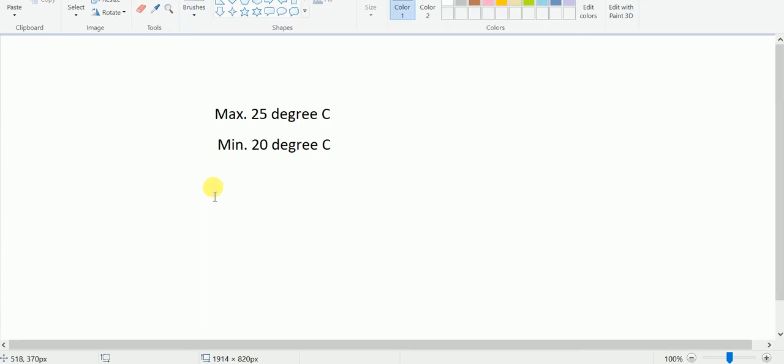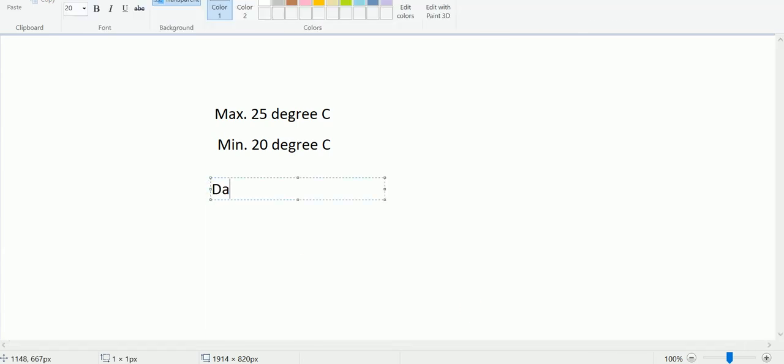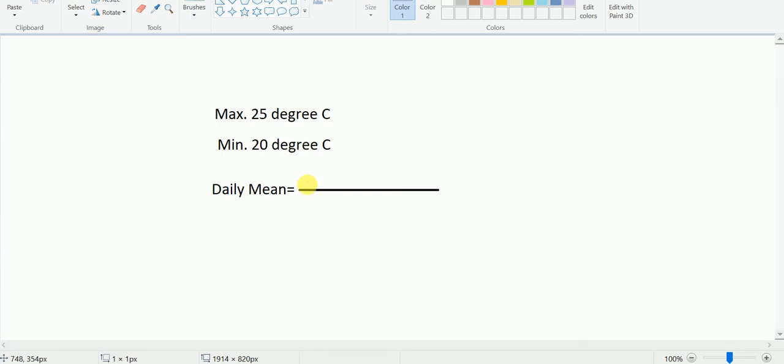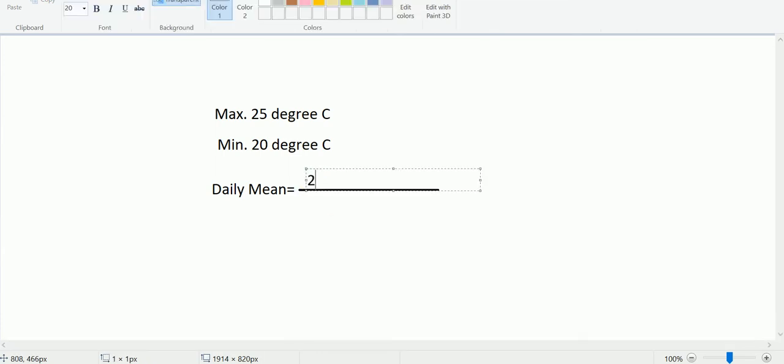So to find out the daily mean, or daily average temperature, what to do? Can you tell me? So we have to add the maximum temperature with the minimum temperature, and divide by 2.